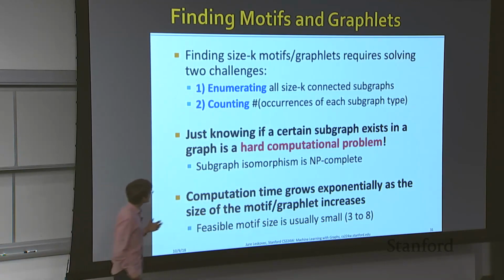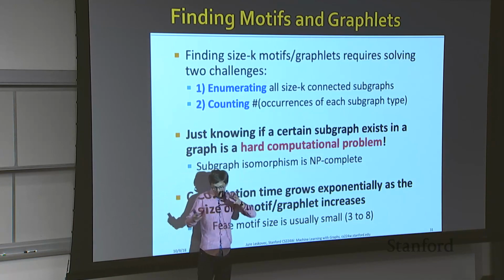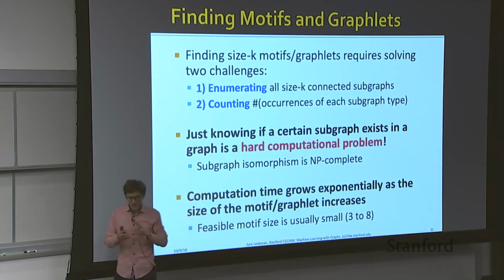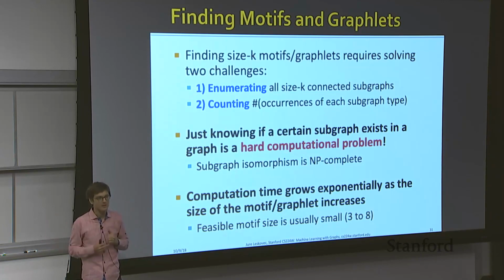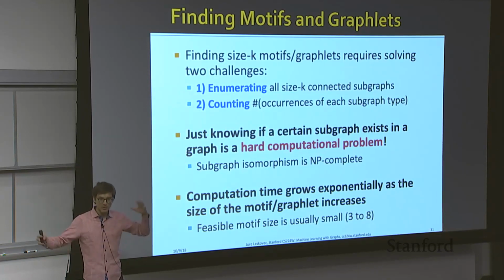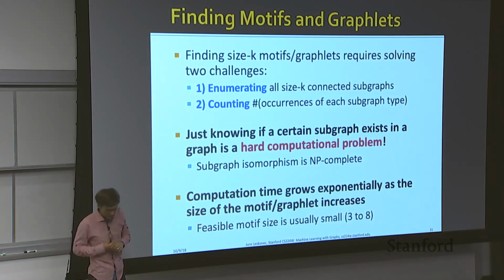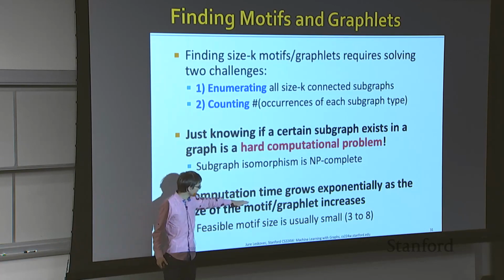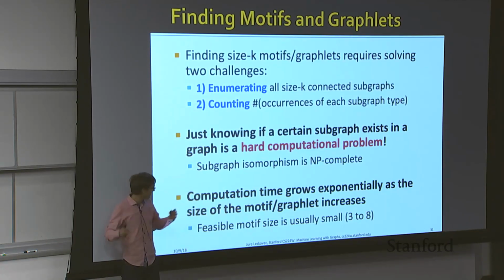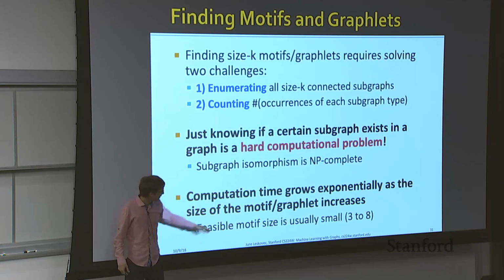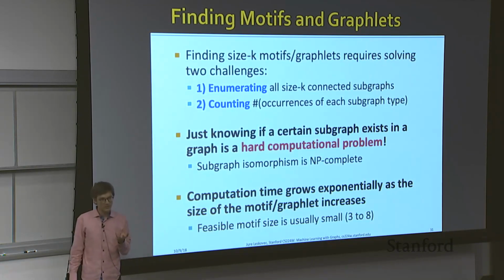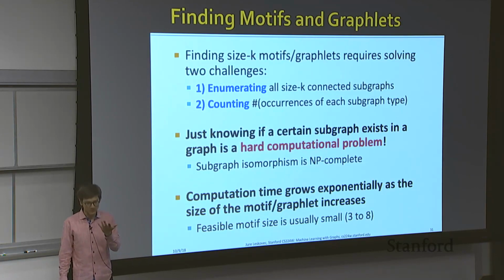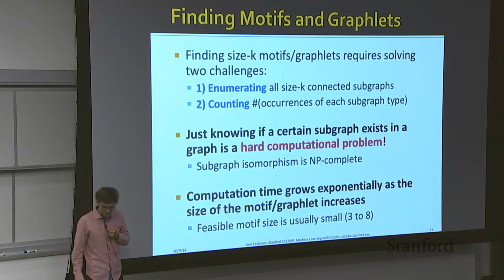For these reasons, these motifs or graphlets or subgraphs are usually considered only up to a few nodes, 5, 6, maybe 8 at most, because then the combinatorial explosion is too large, right? As I said, computational time grows exponentially with the size of the motif. So really, we can only count and enumerate motifs up to a given size, a handful of nodes.